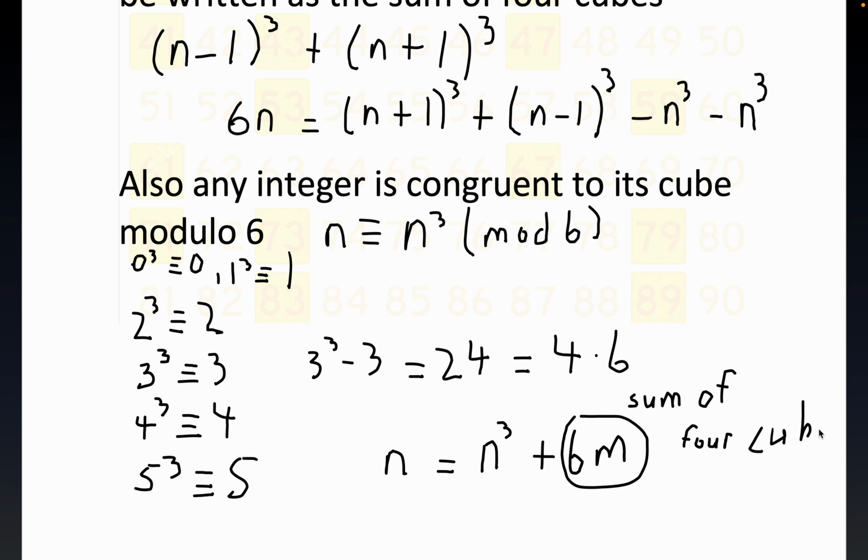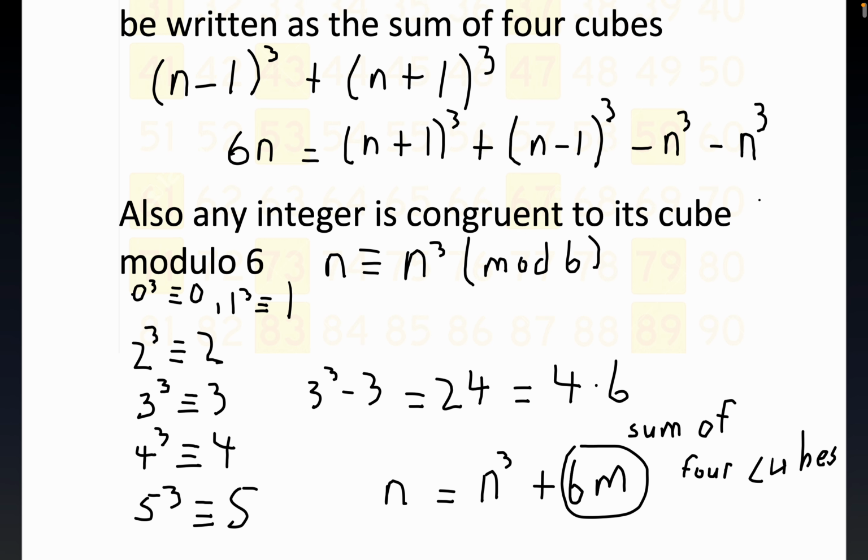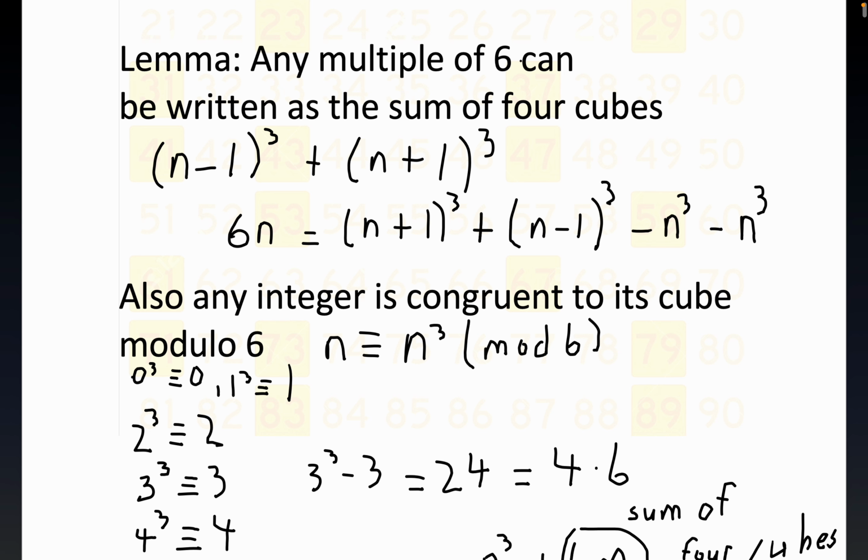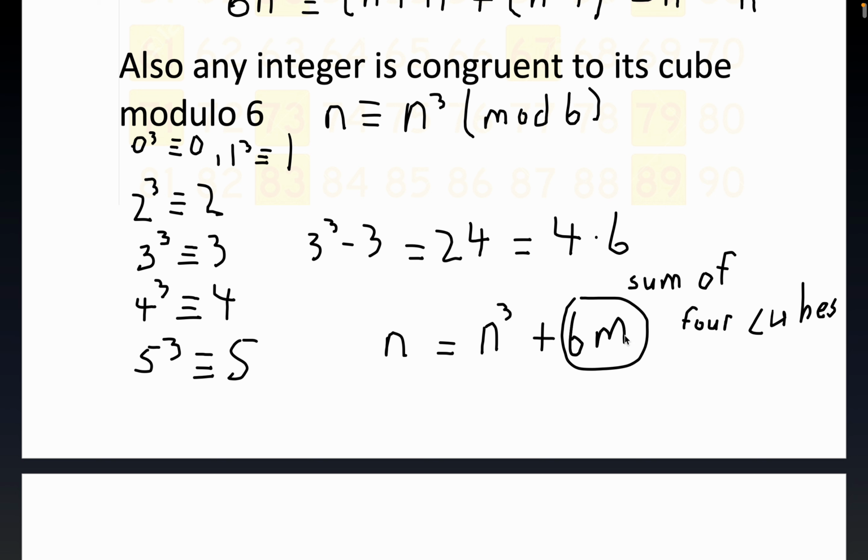And again, y'all, I'm just appealing to this quickly stated result up here that any multiple of 6 can be written as a sum of 4 cubes. And again, it follows pretty quickly when you consider this in its alternating series stuff. Okay, so that does it.